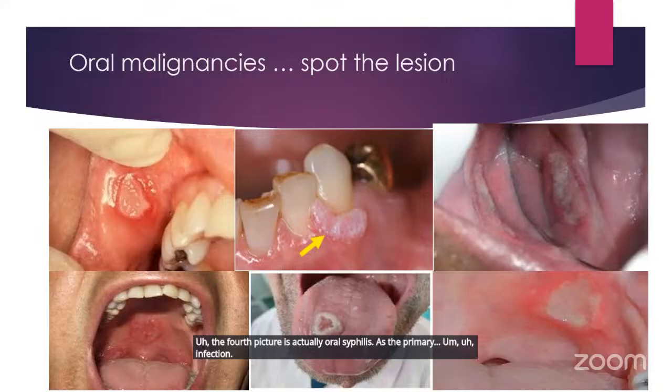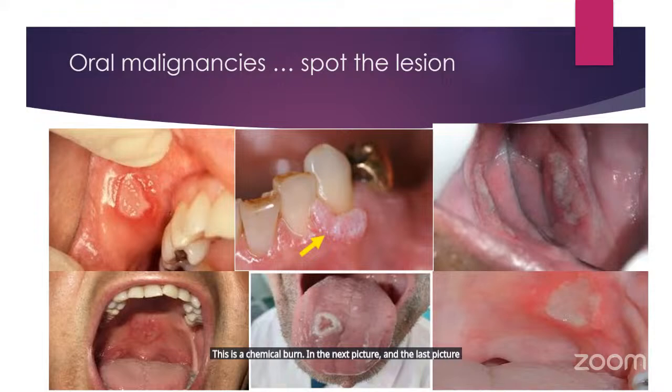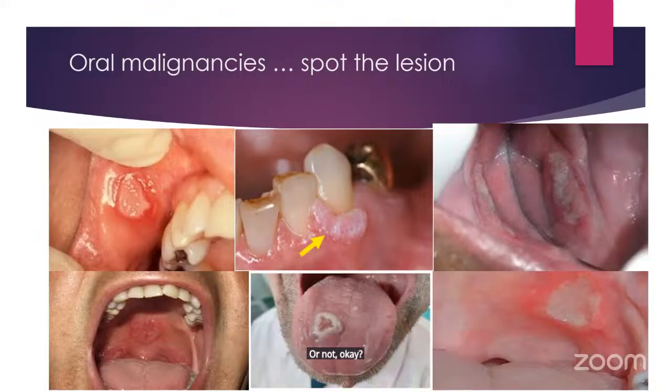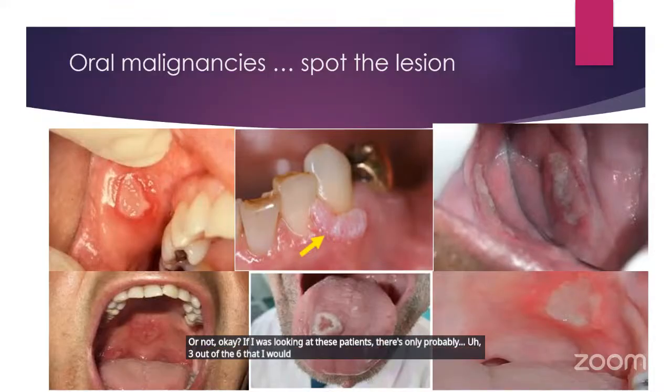This is a chemical burn in the next picture, and the last picture in the bottom right-hand side of your screen is oral Crohn's disease. So it's very hard just by looking at a lesion without having a lot of experience at looking at soft tissue diseases to know whether something is going to be higher risk for a cancer or not. Okay, if I was looking at these patients, there's only probably 3 out of the 6 that I would biopsy.